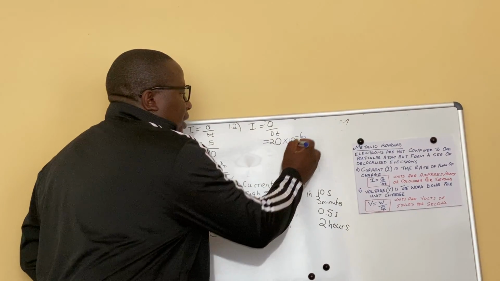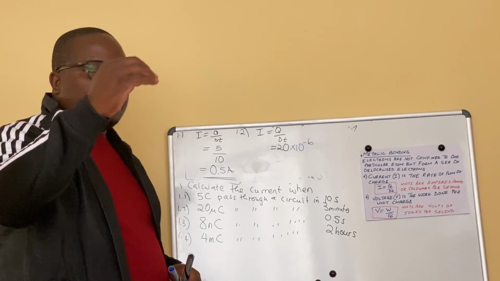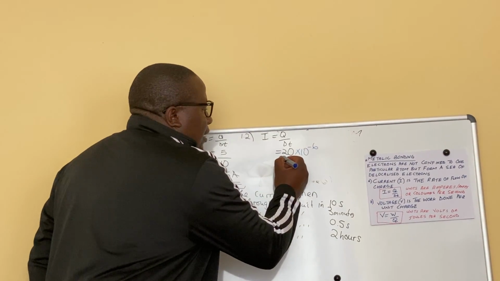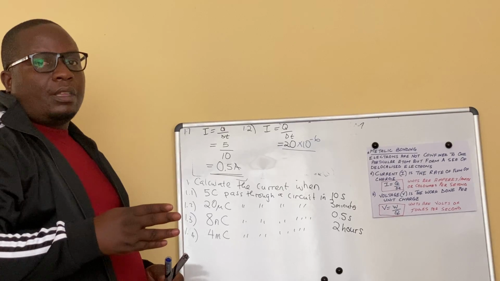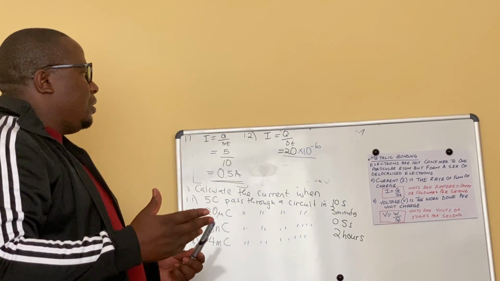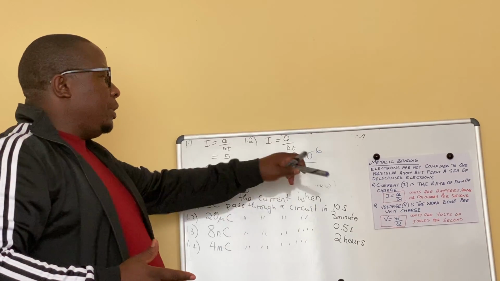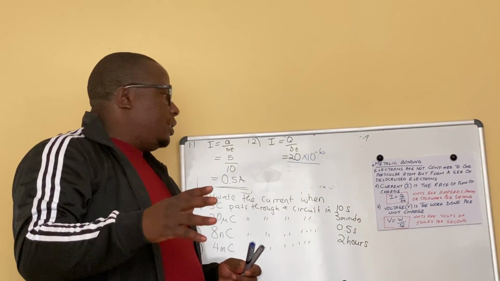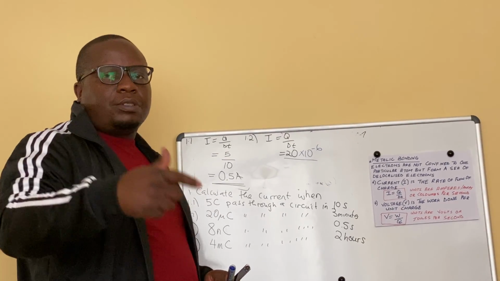So whenever you see micro, you must know that we say times 10 to the power of -6. That is what micro means. And then divided by the time. The time is 3 minutes. Are you okay? If the time is 3 minutes, we can't use 3 minutes here because we are supposed to use the standard international units, which is the second. So we need to change those 3 minutes to seconds.